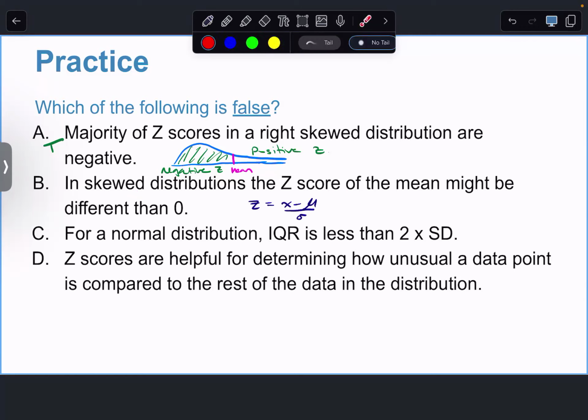Even if the mean is pulled out towards the tail, if we're talking about the z-score of the mean, then this is going to be the same thing as z is mu minus mu over sigma. Mu minus mu is 0. So the z-score of the mean is always 0. That's just how z's work. So that's false.